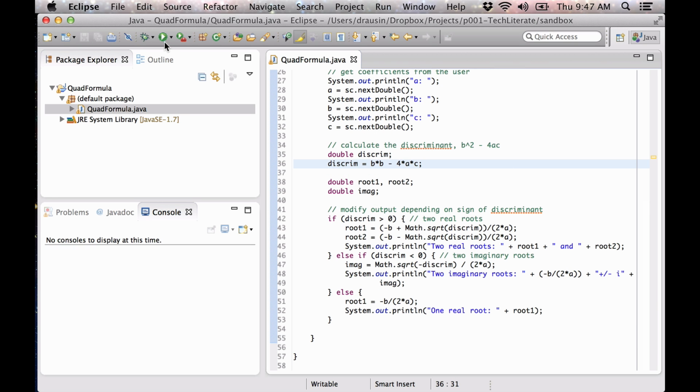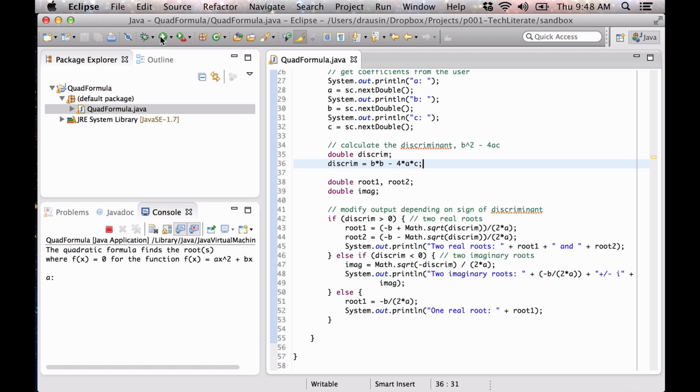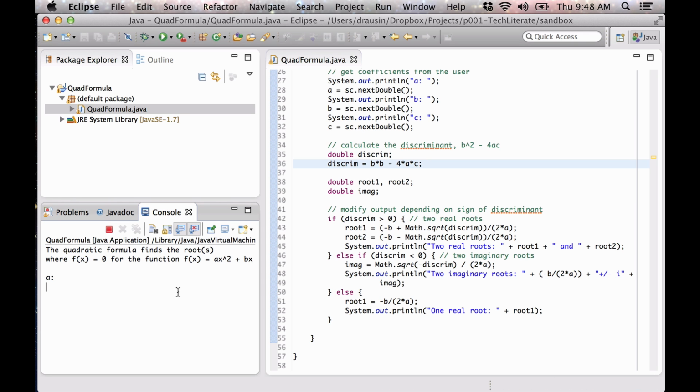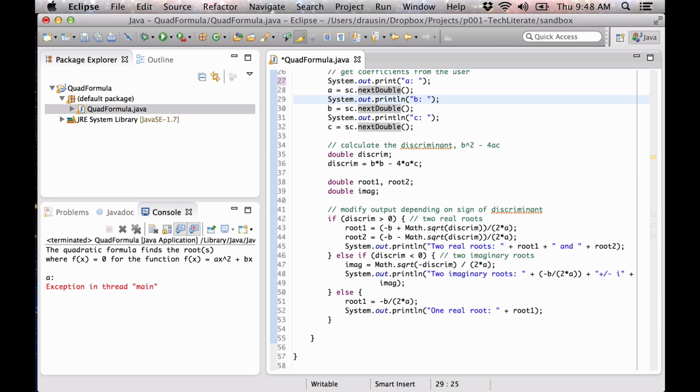So let's try this. Okay. So we're going to put in, oh, you know what I've done? See, look, I have print lines here instead of print. So let me stop this. Oops.